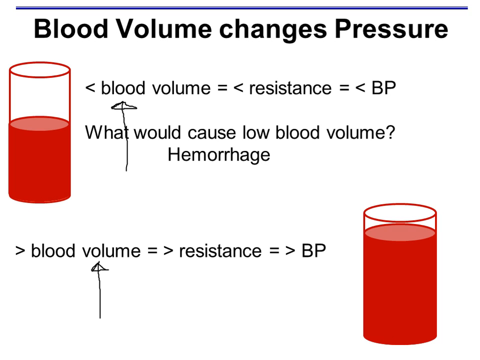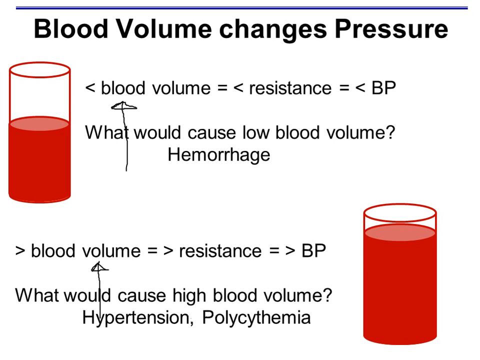But if your blood volume is low for slower periods of time, say, you just didn't drink enough water today, then it's not so much about heart rate, it's about manipulating the volume again. Things that would cause high blood volume are hypertension. Okay, hypertension is high blood pressure, and one of the ways that is associated with volume is when someone is sodium sensitive.